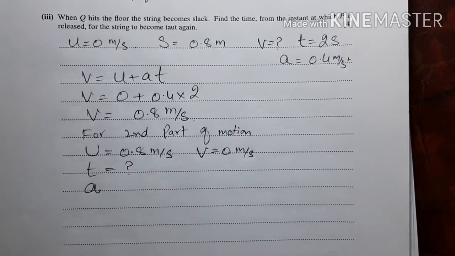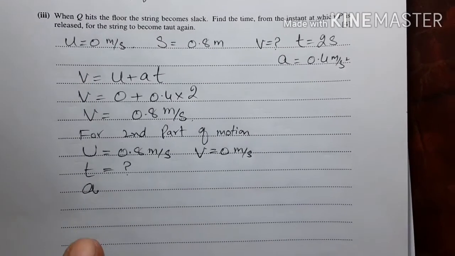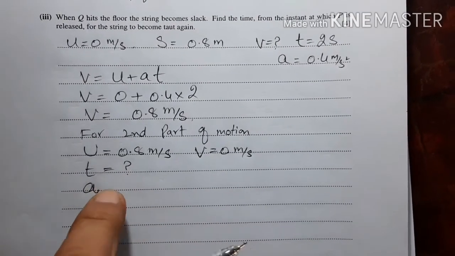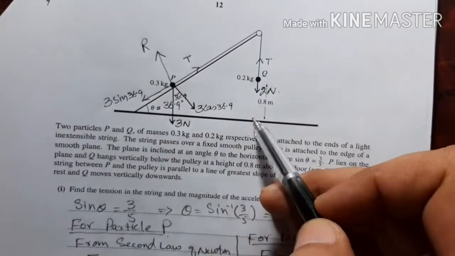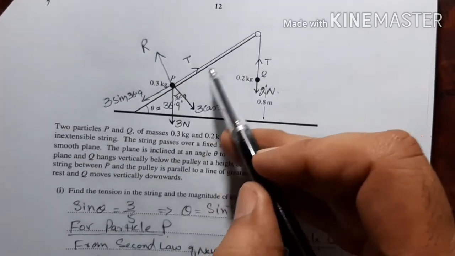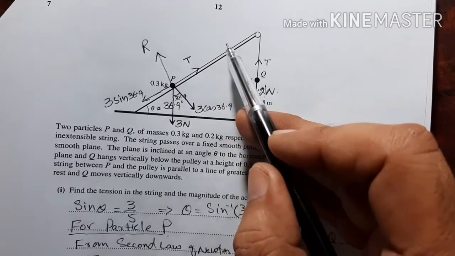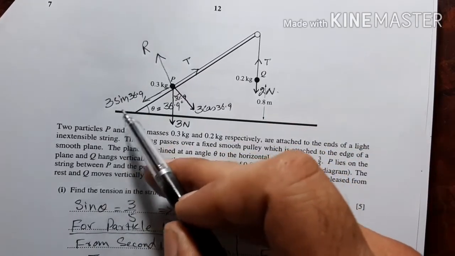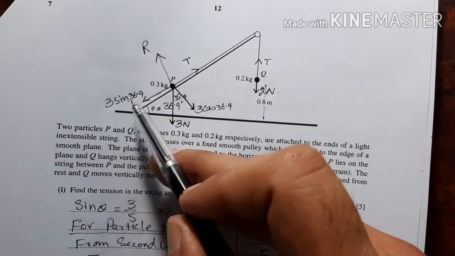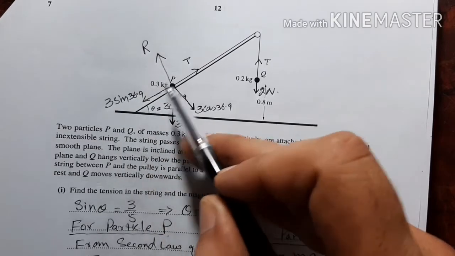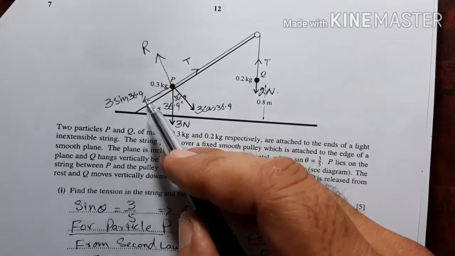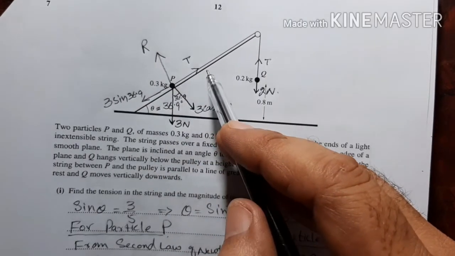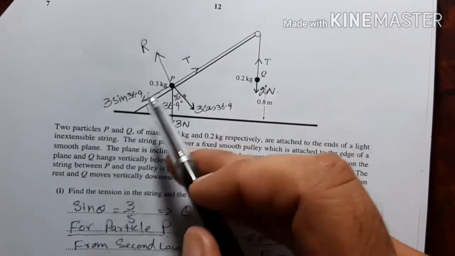So for acceleration, we need to go towards the figure again. Look, when Q hits the ground, there will be no force in the upward direction. So there will be only the backward force, which is 3 sine 36.9, which will drag the particle, slow down the particle. That's why the particle will stop after some time.